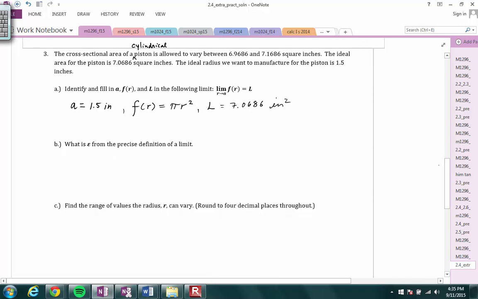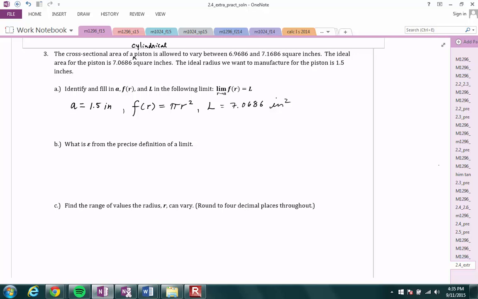Next one. What is epsilon from the precise definition of a limit? Okay. So one of the things to remember is epsilon goes with the y stuff. And both epsilon and delta have to do with error. The epsilon is like the error that's allowed for the output, or the cross-sectional area.